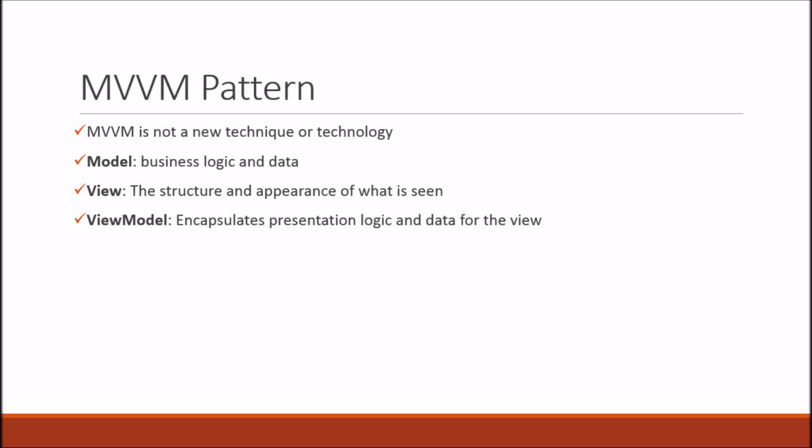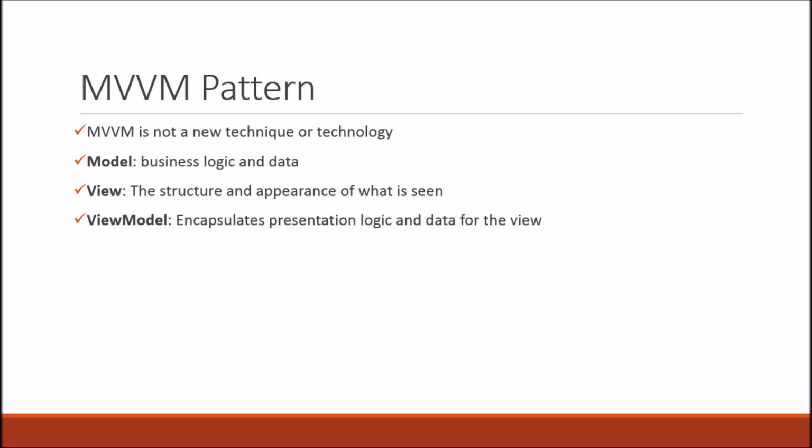The properties and commands that the view model provides define the functionality to be offered by the UI, but the view determines how that functionality is to be rendered. The view model is responsible for coordinating the view's interaction with any model classes that are required.